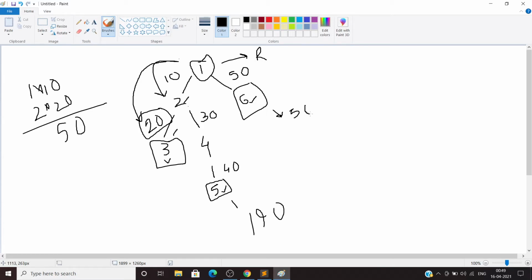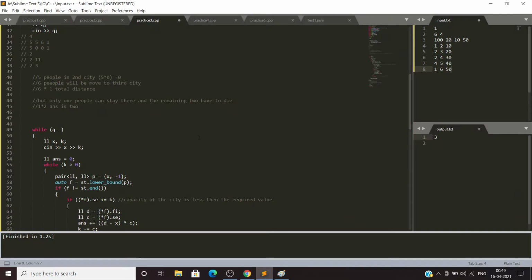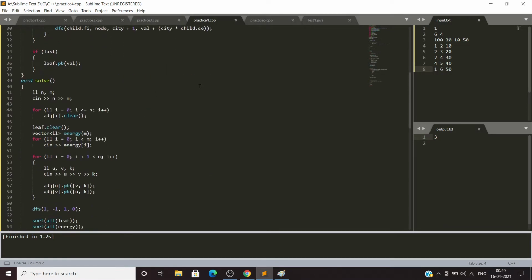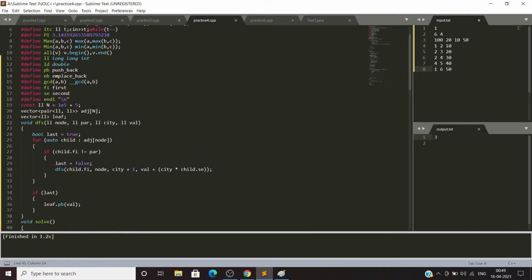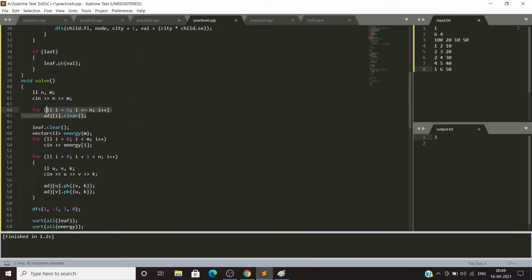So what we can do here is just DFS the tree. So let's see the implementation. What we are doing is making an adjacency array of some constant size, and we are clearing it for every test case.